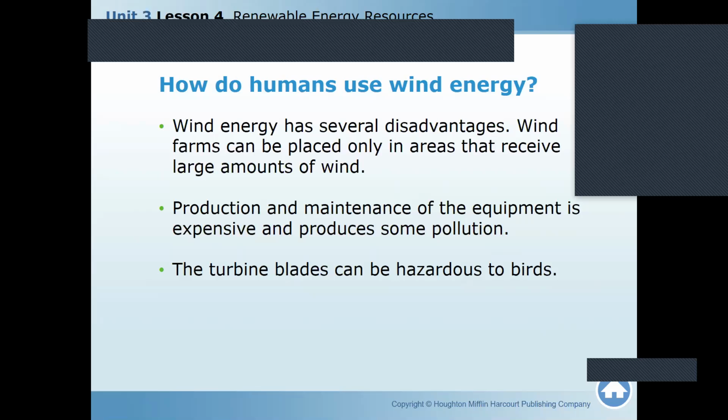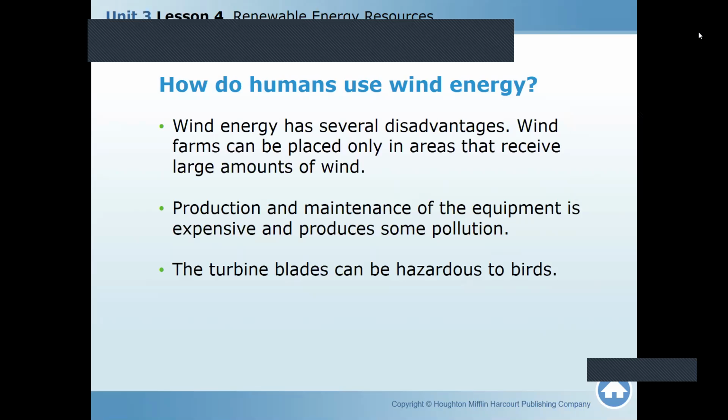Okay, how do humans use wind energy? Wind energy has several disadvantages. Wind farms can be placed only in areas that receive large amounts of wind. What is this disadvantage? See, everything has something good and something bad about it.